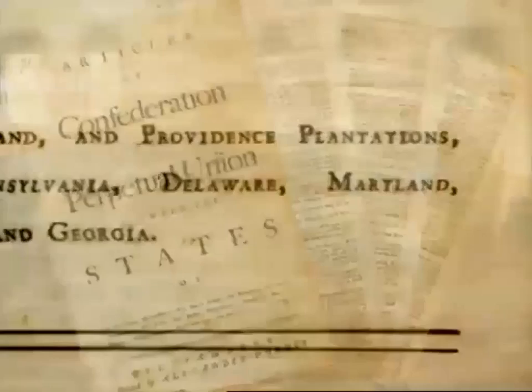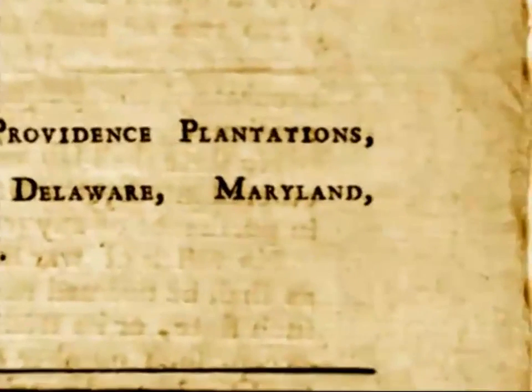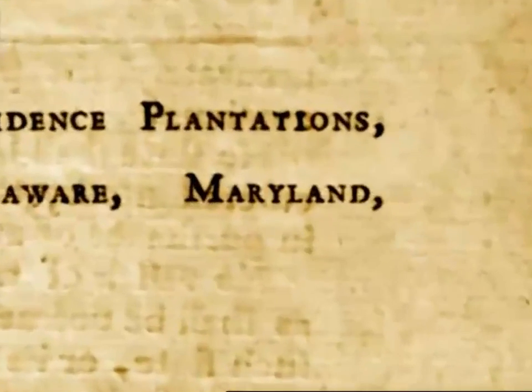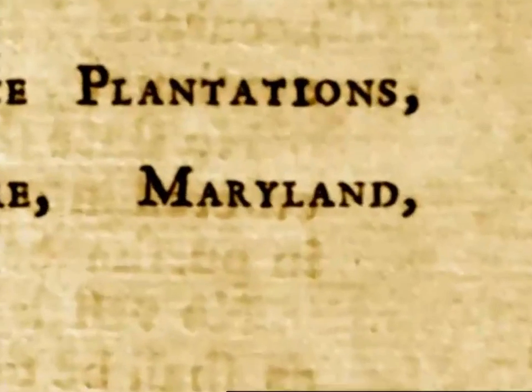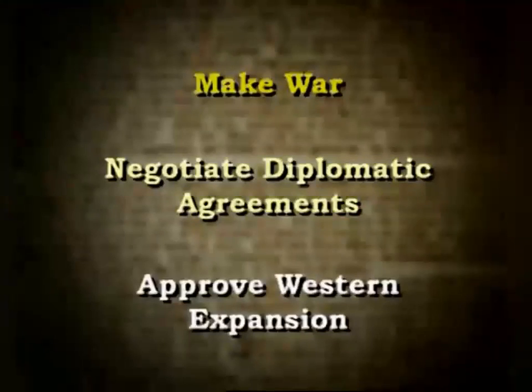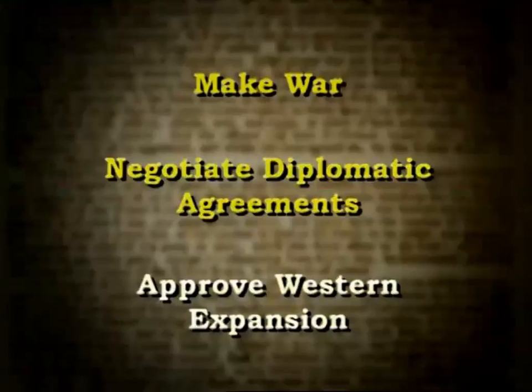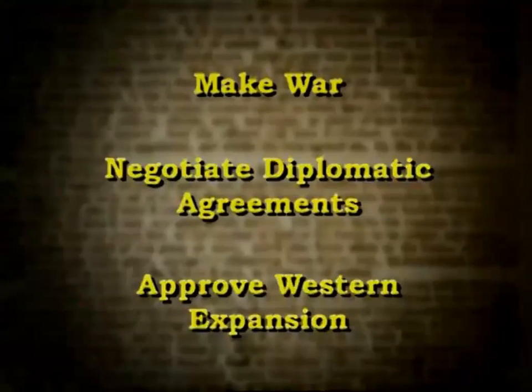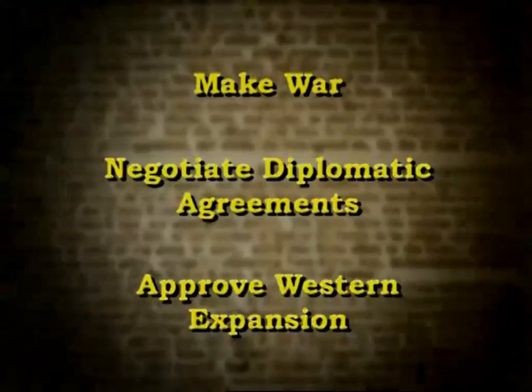More than 3 years passed before the last state, Maryland, ratified the Articles on March 1, 1781. In its approved form, the Articles united the new 13 American states into a loose confederation. It had the power to make war, negotiate diplomatic agreements, and approve Western expansion in conjunction with the Northwest Ordinance, but little more.